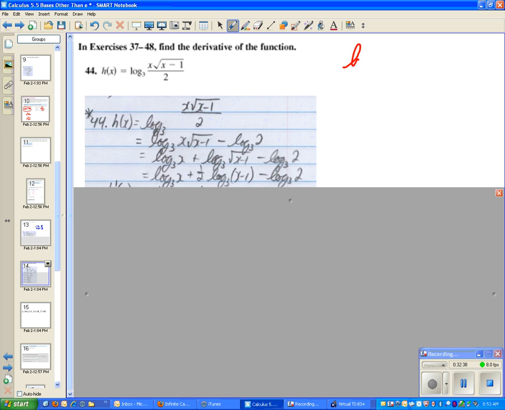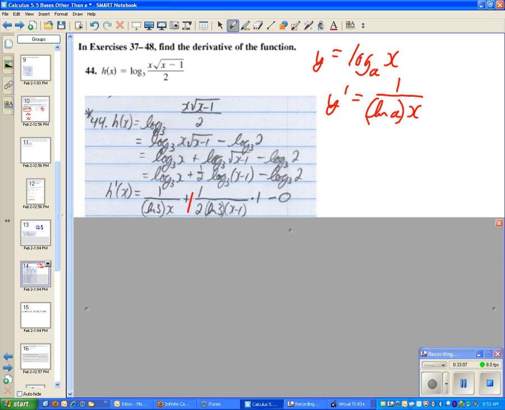All right, if we have the logarithm of x to the base a, its derivative is 1 over the natural log of a times x. So the derivative of the logarithm of x to the base of 3 is 1 over the natural log of 3 times x.